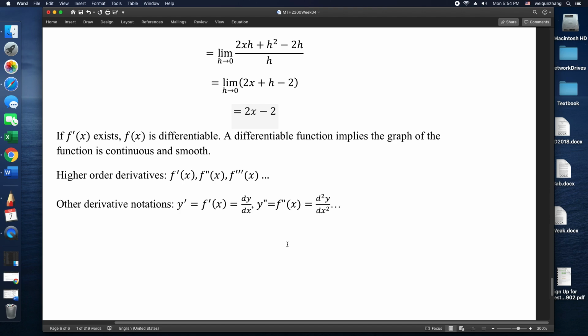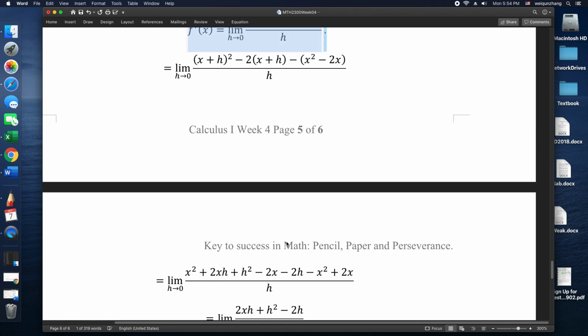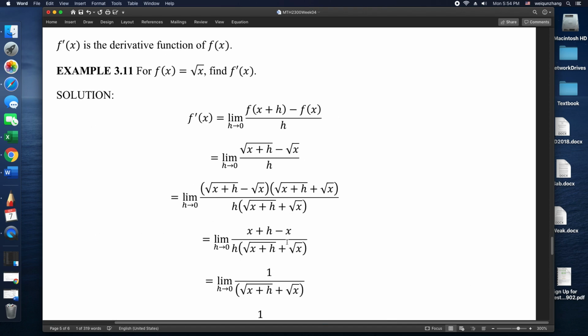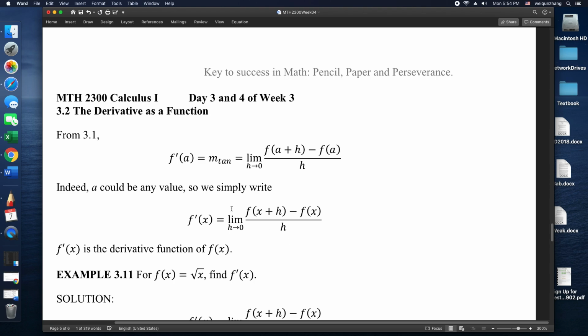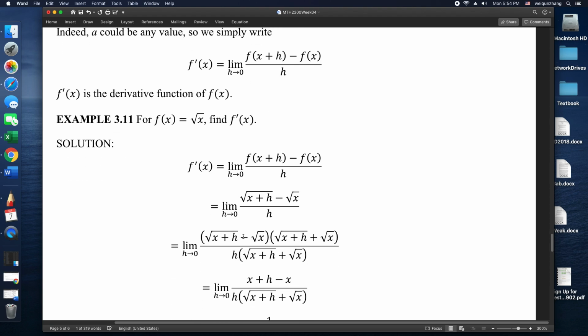Next time, we will introduce some derivative rules and formulas, so we don't have to bother with the definition. Honestly, it's just true. The definition calculation is very time consuming, and it is very complicated, as you can tell.